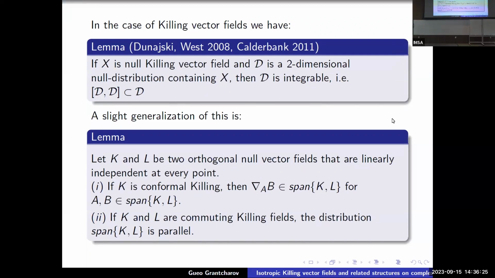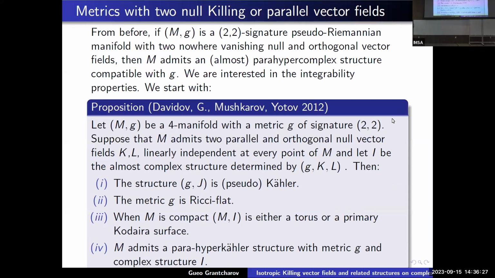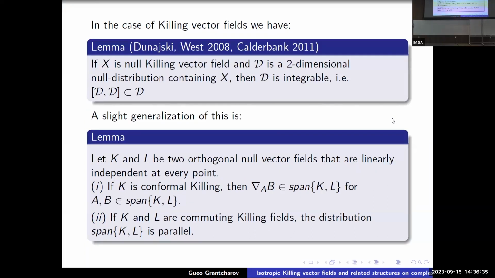Now, this is if one starts with parallel vectors. Now, what happens if we relax a little bit the requirement? If you have any vector, you don't expect any special properties of that structure, or its non-integrability.